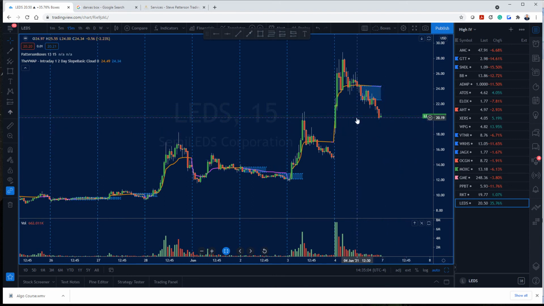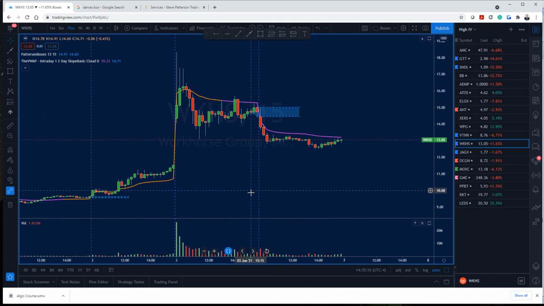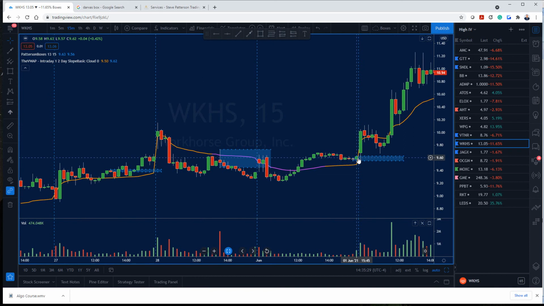I'll show you another way that I did trade this on a penny stock this week. WKHS. This trade right here. Now, that's a little bit tricky because I did cheat on this trade. You can see on WKHS we got a box that formed the day before. The next day, you'll find that when you use this a lot, these boxes work as support and resistance. You can see a box formed here, came back down, tested it.